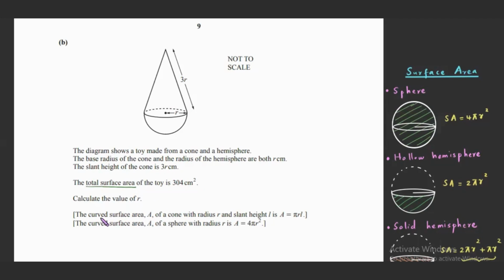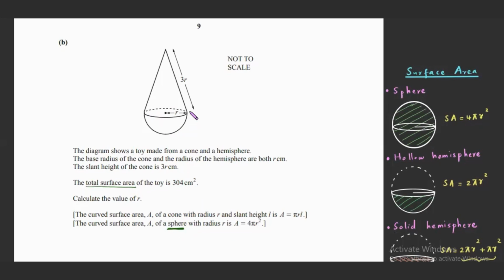And the formula to calculate the curved surface area of the cone is given to us as pi r L. And the curved surface area of a sphere is also given, which is 4 pi r squared. Here, the curved surface area of the cone is important, which is pi r L. And here they have given us the curved surface area of the sphere.